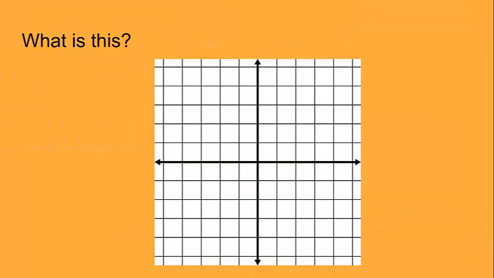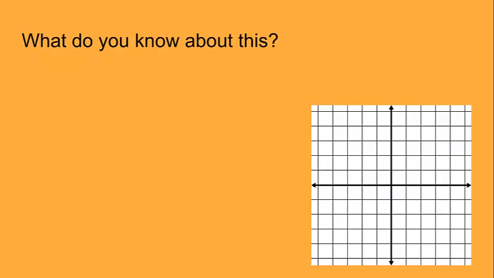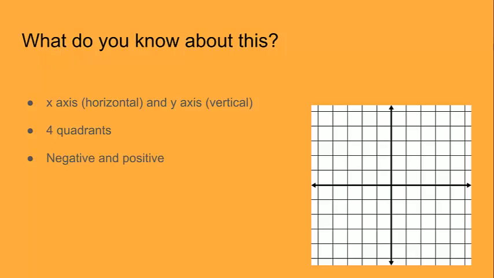When you first started putting in your sprites, I said don't worry where everything is. This is why. Now, this should look familiar to you. This is a grid. What do you know about this? It has an X and Y axis. There are 4 quadrants. There are negatives and there are positives.